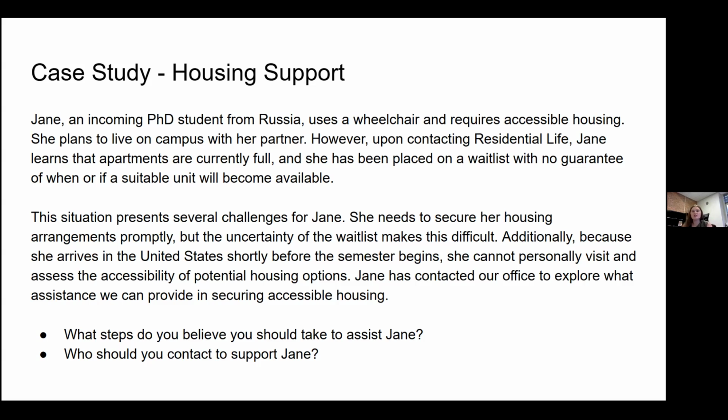Just like I think it was Susan said, contacting that off-campus housing office to provide that connection with the coordinator to see what was available and have them talk directly to Jane to discuss those options.